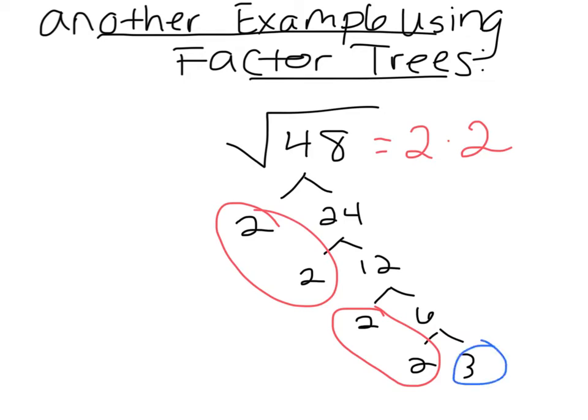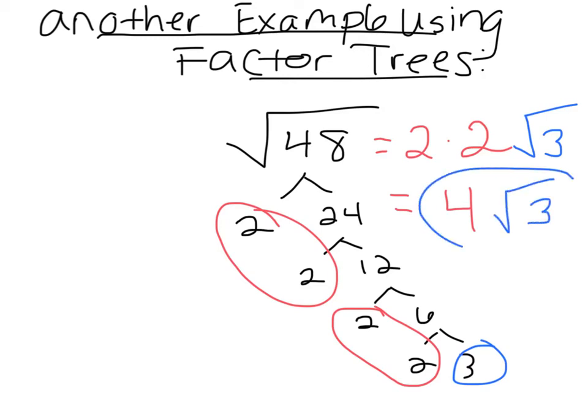Times, I still have 3 inside the radical because I do not have a pair of 3's to put outside of my radical. 2 times 2 is 4 times the square root of 3. So the square root of 48 can be written as 4 square root of 3.